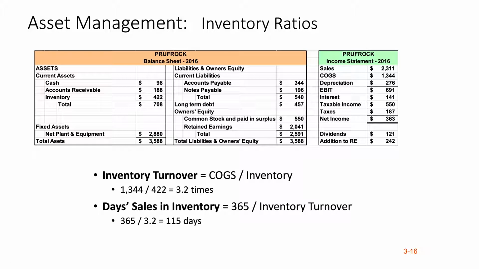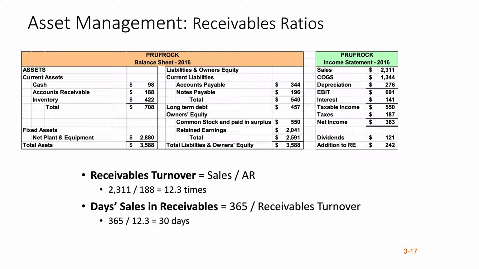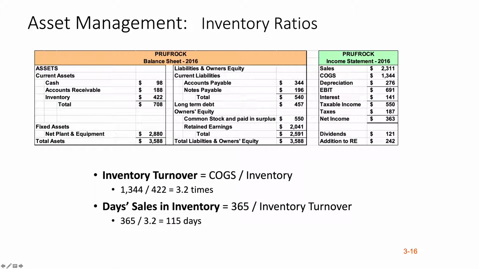So in this case, cost of goods sold here is an income statement item, 1.344, divided by inventory, which is a balance sheet item.